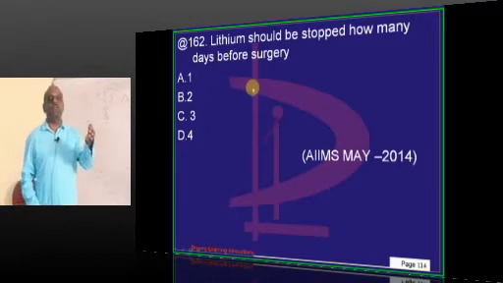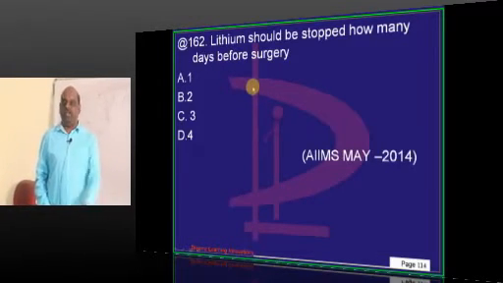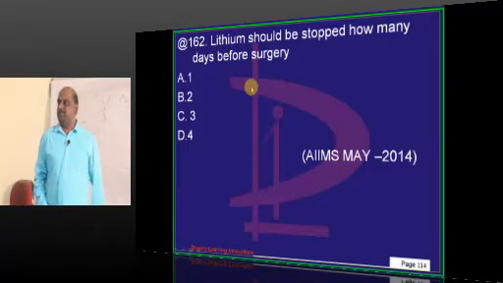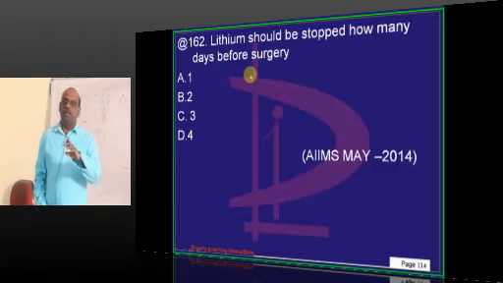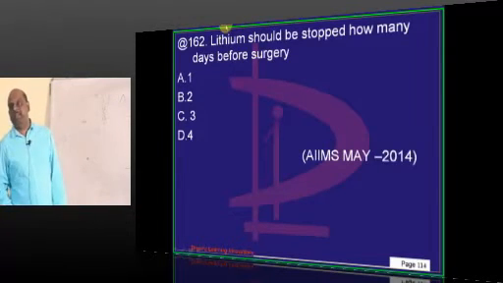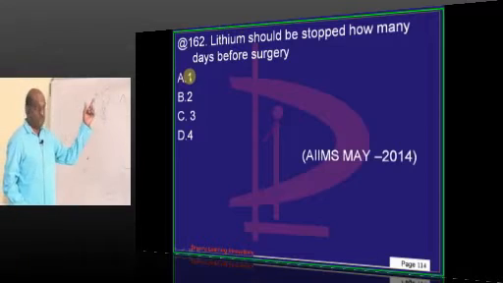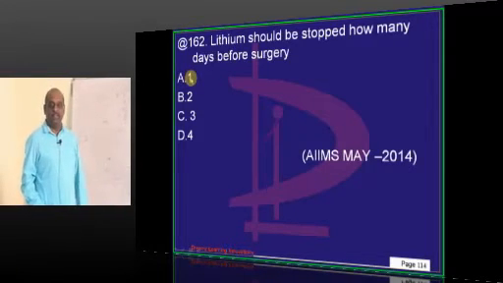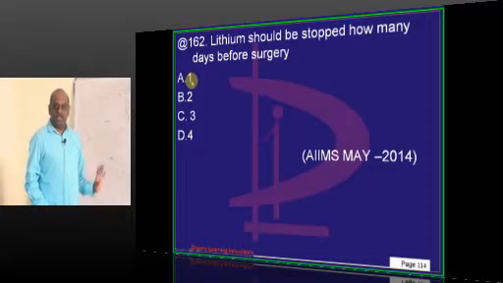Before how many days of surgery lithium should be stopped? Actually, if you take half-life of lithium, 48 hours is the answer. 2 days. Because based on half-life. But general protocol in the anesthetic theatre is, if a manic depressive is coming for surgery, regularly taking lithium, stop that lithium for that day.